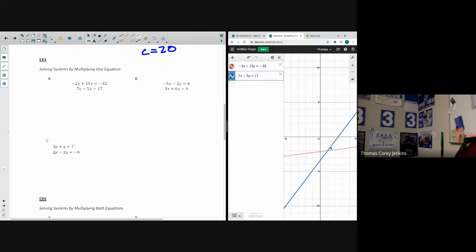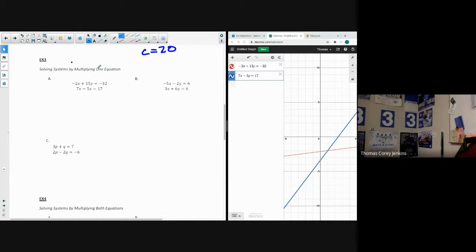So that's 1, -2. That's going to be our answer. All right, so again, we know our answer is x equals 1, y equals -2, just based on the graph.